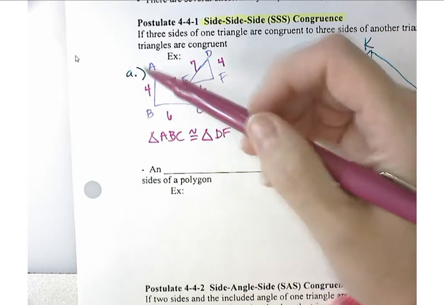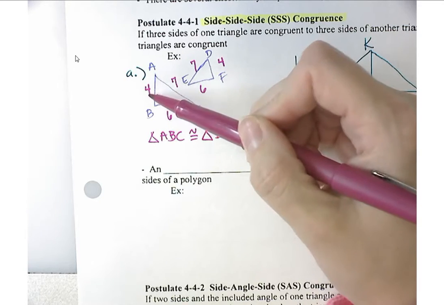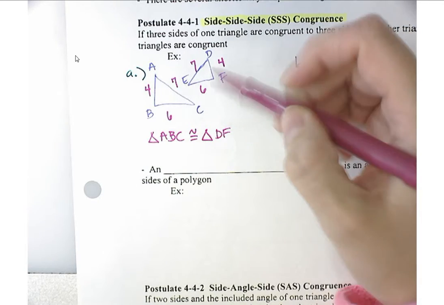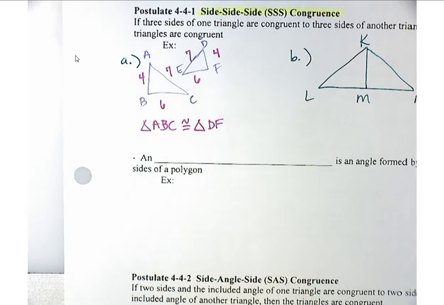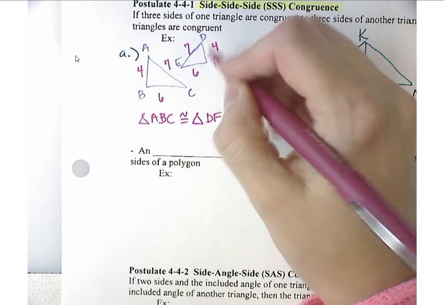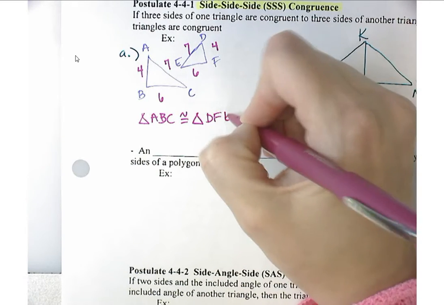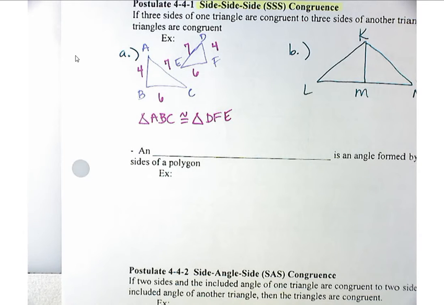Okay, so from A to B, it was 4 units, and I started with AB. From D to F, it was 4 units. So if this starts with AB, this has to start with DF. Perfect. Okay, and then your last one, it would be DF and then E. Okay, it cannot be any other order besides DFE. Okay, it has to go in that order.